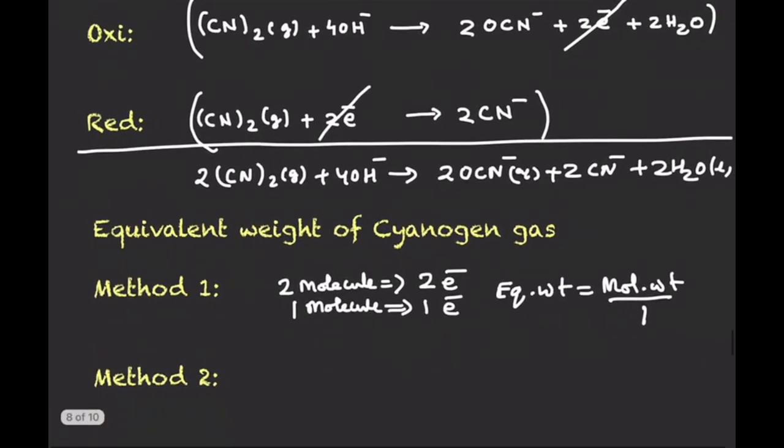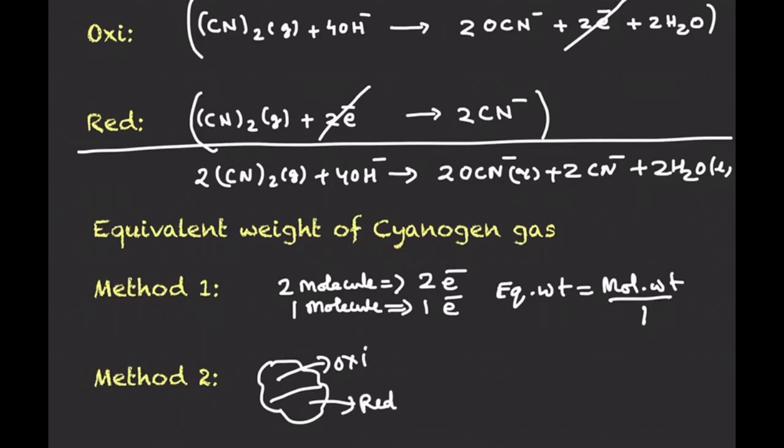By method 2, we'll calculate the equivalent weight of cyanogen gas in the oxidation and reduction reactions. In the oxidation reaction, one molecule of cyanogen gas is losing 2 electrons, so its X factor will be 2. In reduction, one molecule is taking 2 electrons, so X factor will be 2.